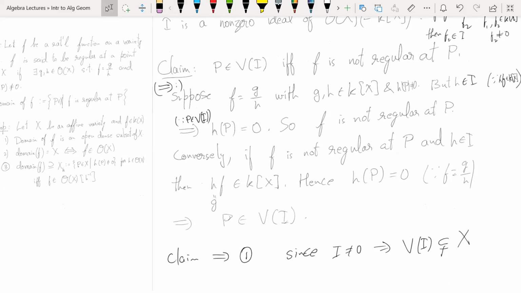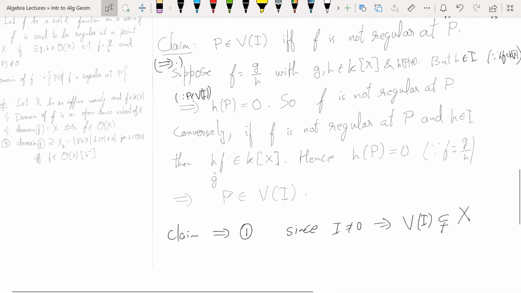That is, to show that P belongs to V(I) means any arbitrary element we take of I vanishes at P. So if h belongs to I, hf of course belongs to k[X], and let's call hf = g, because that's the definition of I, it's the colon ideal.